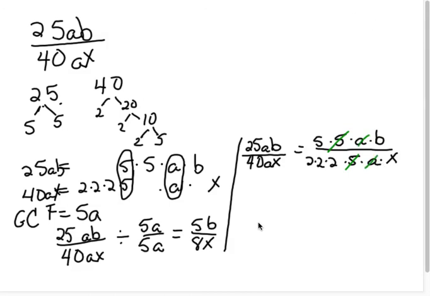And what do I have left? That equals 5B over 8x. So on your homework, you should have 3 problems, each of them copied down, and that is the end of our lesson.